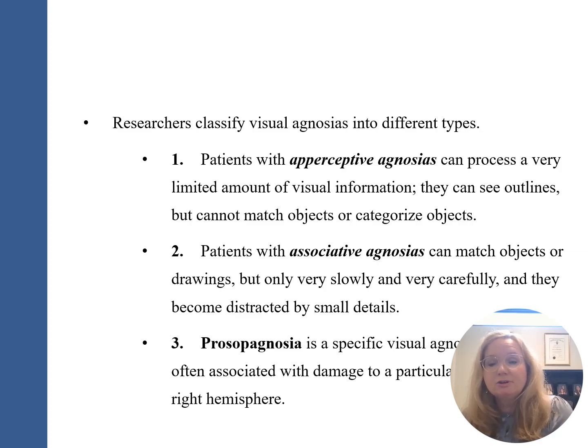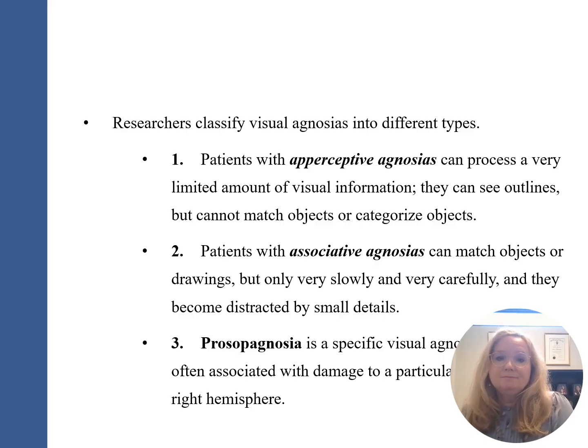An associative agnosia can match objects or drawings, but only very slowly and carefully, and they get very distracted by small details. A tiny little detail might be blown out of proportion.